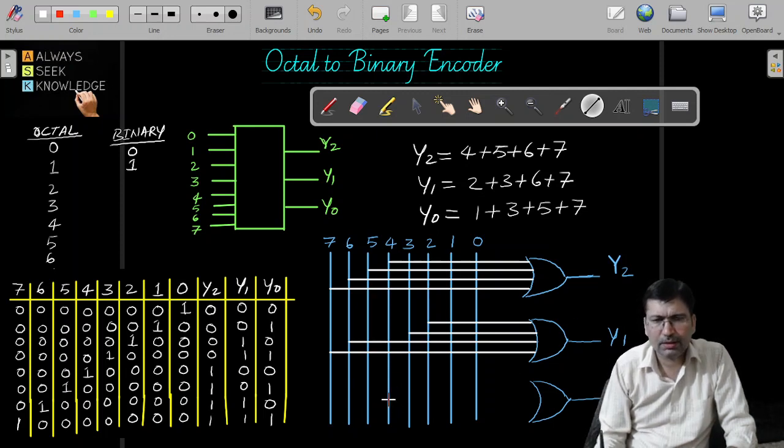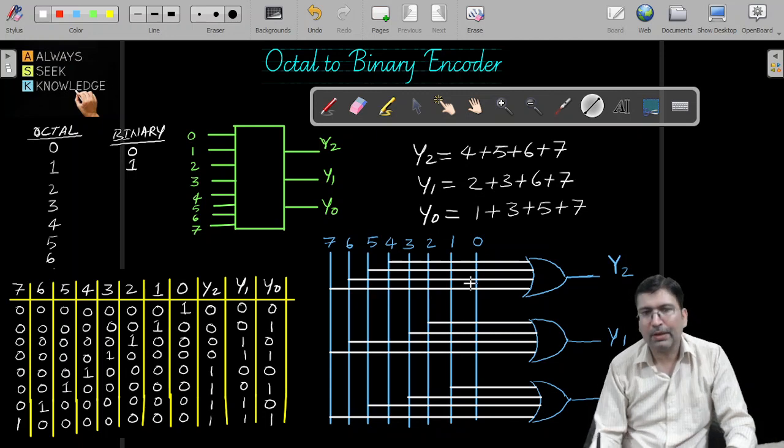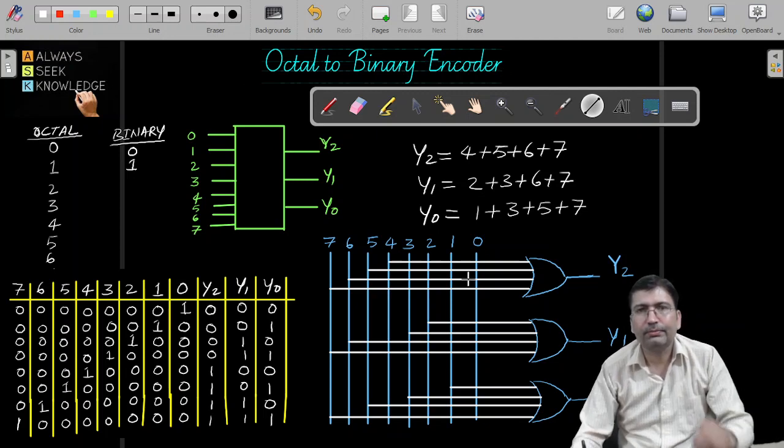Now similarly for y0, 1 3 5 7: 1 input is given here, so we connect 1. Then 3 is here, then 5 is here, and then 7 is here, right? So this is the circuit for the octal to binary encoder.